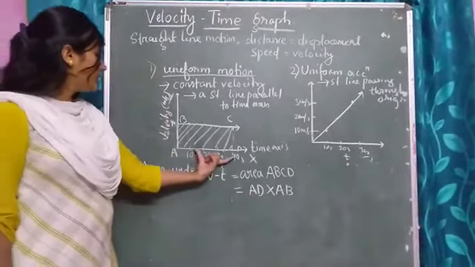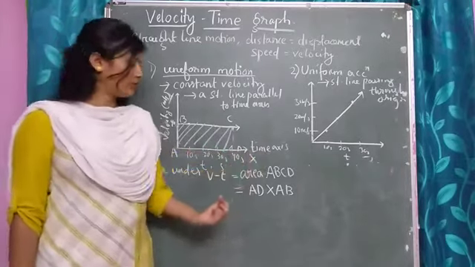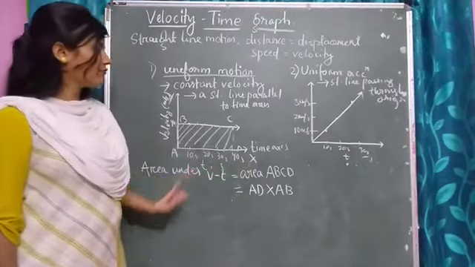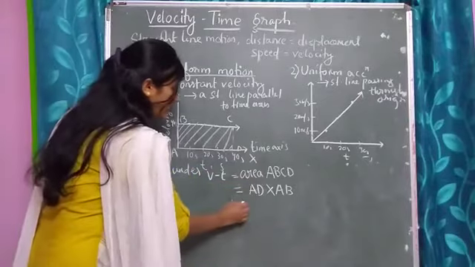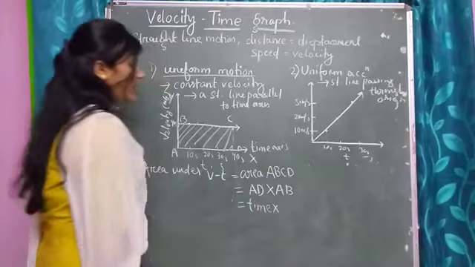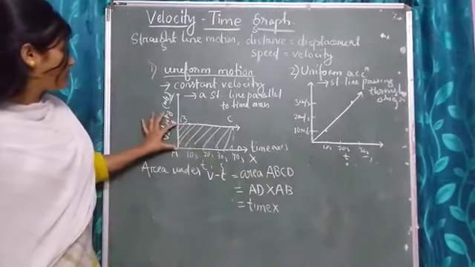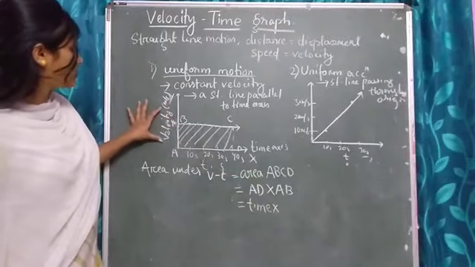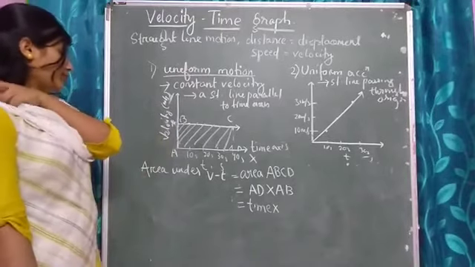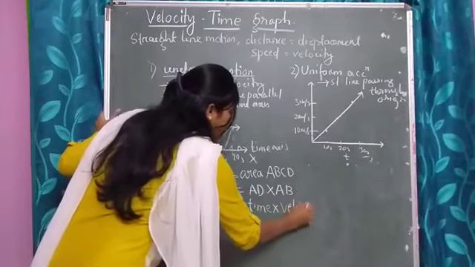Here you can see that AD will give you a time parameter, 40 second minus 0 second. Obviously it is a time value. So in place of AD, I can write time. And AB, what is AB? AB is the y-axis value, and the y-axis value is our velocity. So time into velocity.